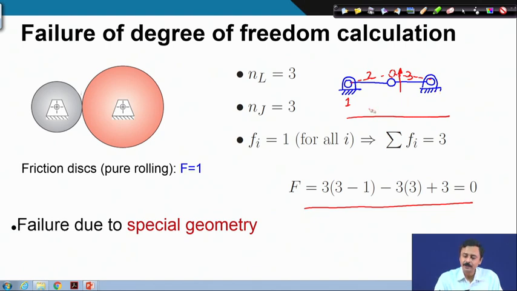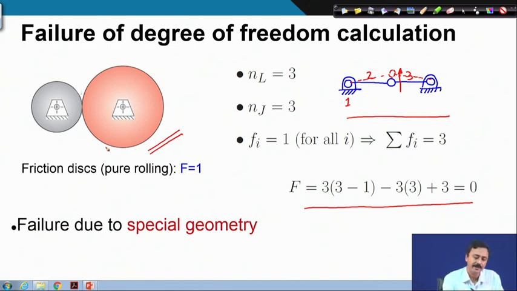Therefore, in this particular case it is true that it is 0, but because of very special geometry, which is we have these two circles which maintain the distance as they move, therefore, the chain here has 1 degree of freedom.